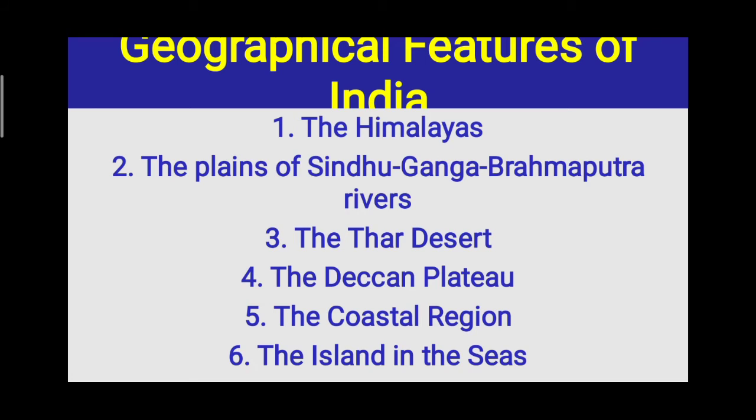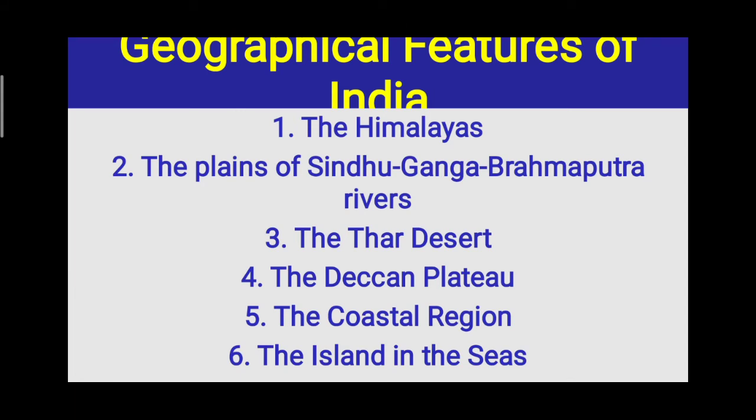So, we have to take into account this region, henceforth referred to as ancient India. And when we study the ancient history of India before 1947, today's Pakistan and Bangladesh were also a part of India. This is something you have to keep in mind when we are talking about geographical features of India.